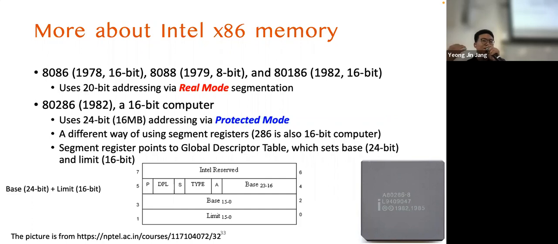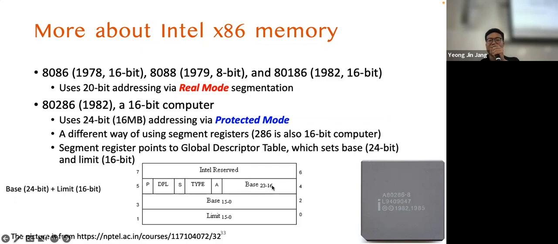To enable 24-bit addressing, they developed a kind of indirection table. What that means is that in real mode, the segment register needs to be multiplied by 16. But in protected mode, what we will have is this kind of data structure.